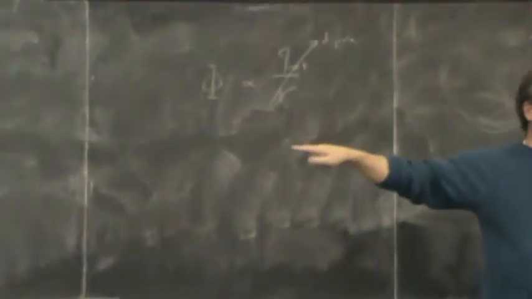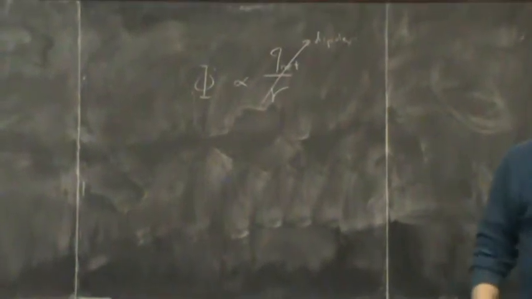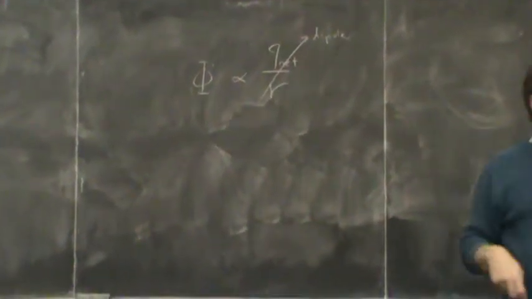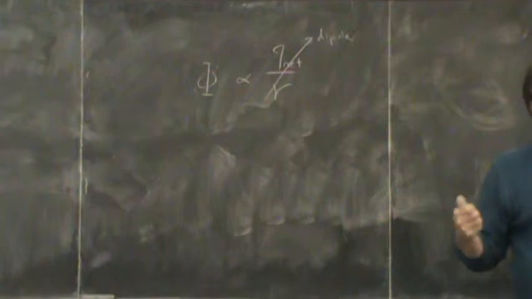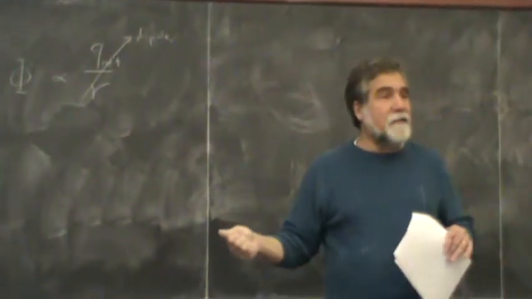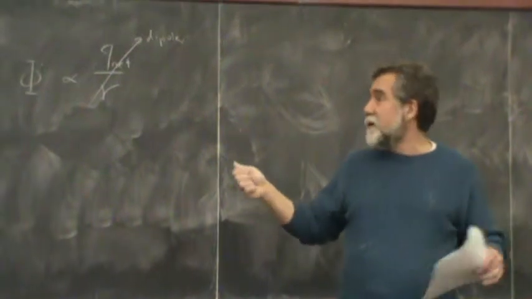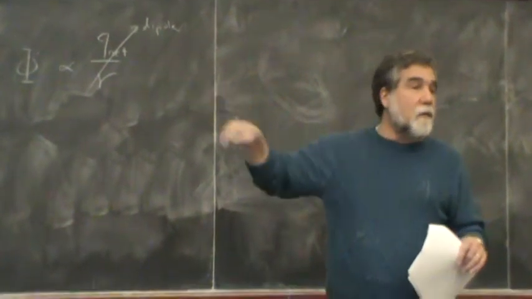When we solve for the angular dependence and the distance dependence of the potential, we'll find there is a specific angular dependence and a specific distance dependence. It's going to look like 1 over r squared for the potential of a dipole.